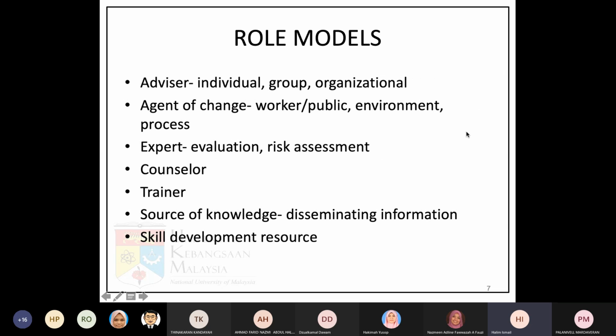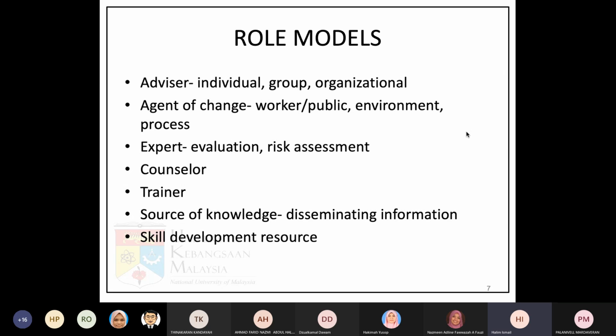So, role models. Occupation and environment practitioners serve as role models as well. They become the advisor either to individuals, groups, or to organizations.